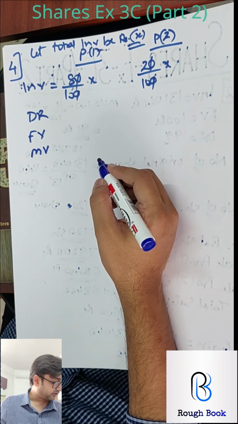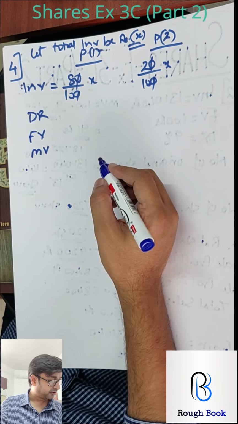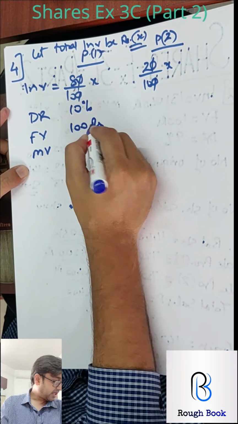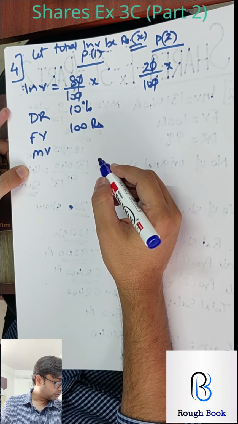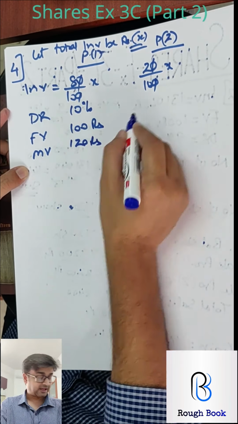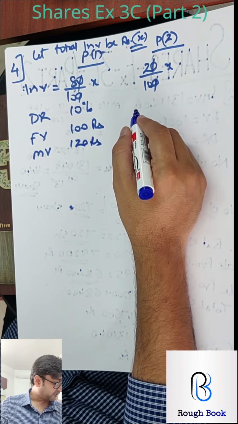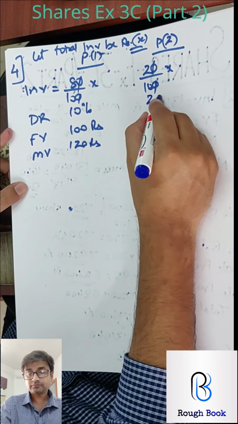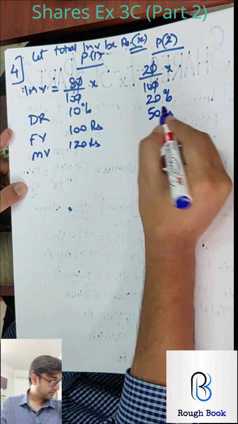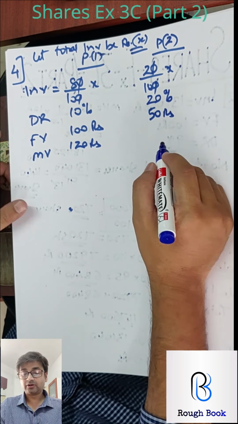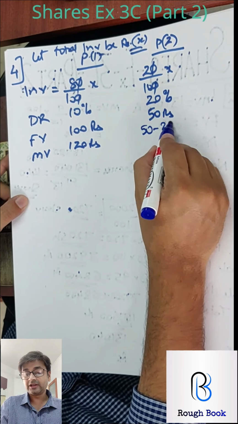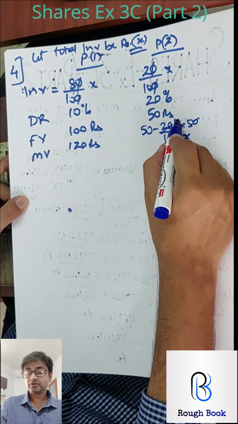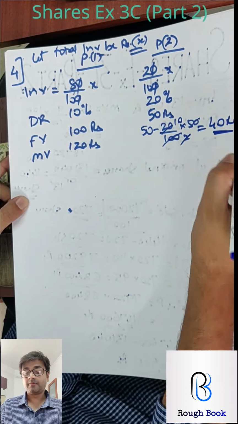The first one is 10% 100 rupee shares at a premium of 20%, so 120 rupees. The second is 20% 50 rupee shares at 20% discount. So 50 rupees minus 20% of 50, that is 10 rupees, so 40 rupees becomes your market value.